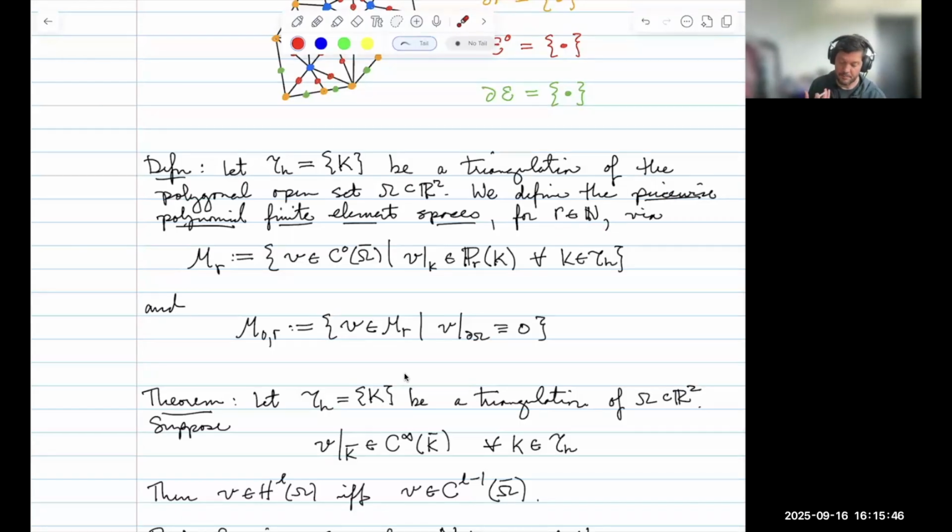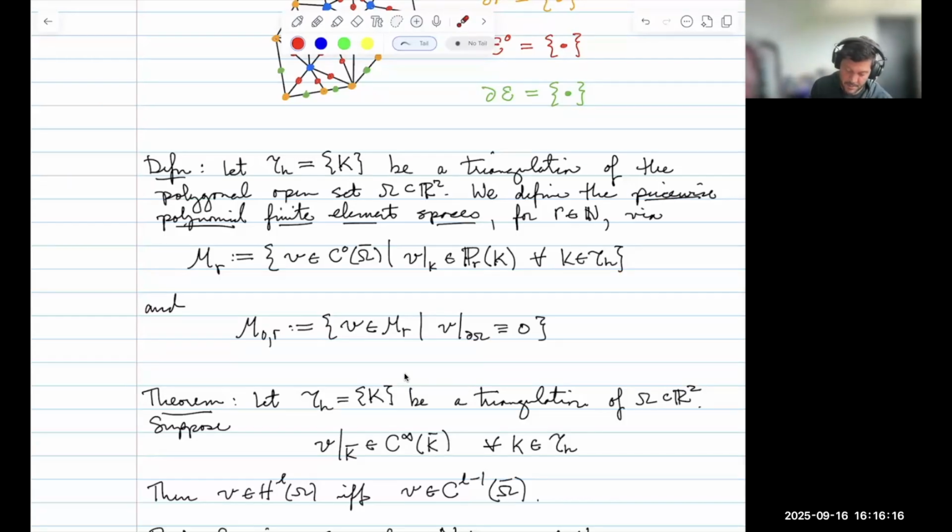We're going to define piecewise polynomial spaces in the following way. So M_r are these functions that are globally continuous, C0 of omega bar, such that if I restrict v to any triangle, it's going to be a polynomial of degree r on that triangle, for every triangle in the triangulation.